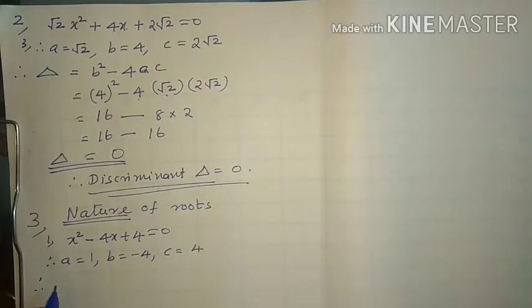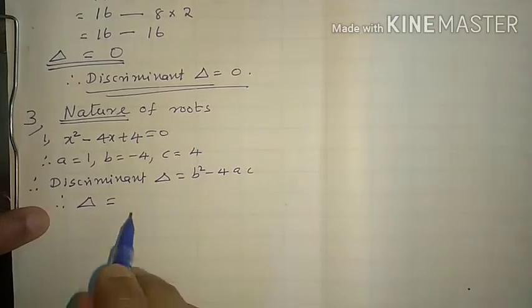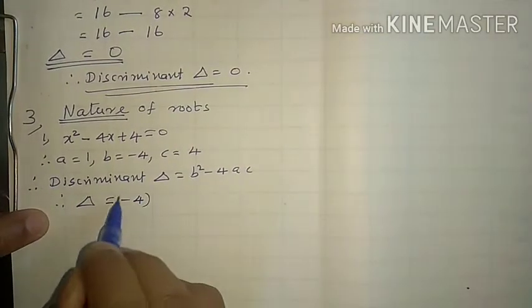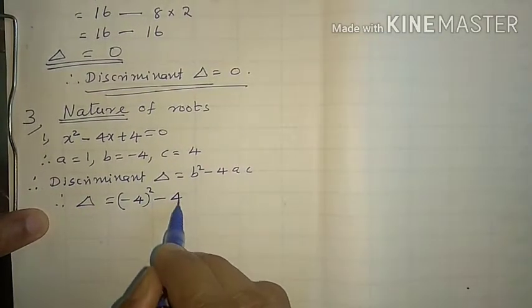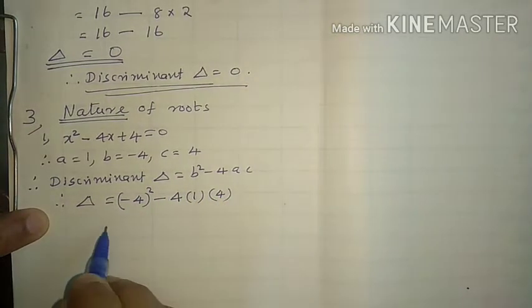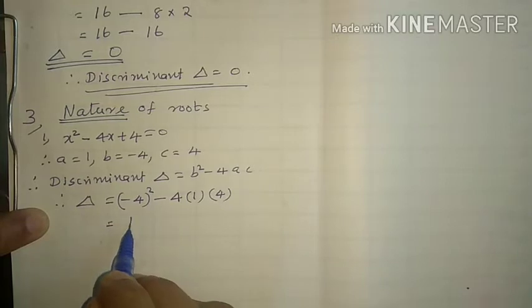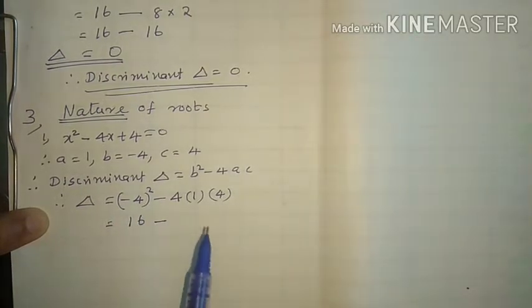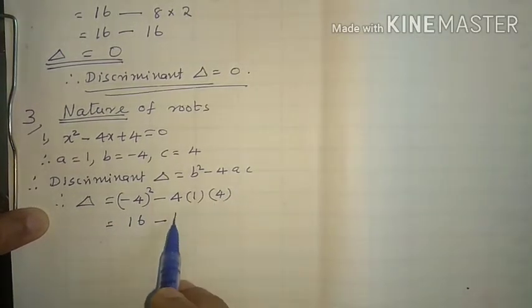We find out the discriminant. Discriminant delta is b square minus 4ac. So this is equal to b square minus 4 into a into c is 4. Minus 4 square is 16, minus 4 fours are 16.